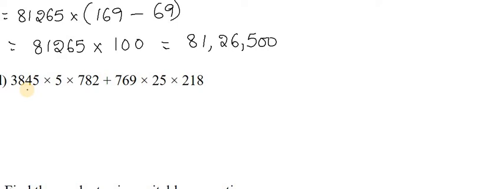So what is the number? 3,845 multiplied by 5 multiplied by 782 plus 769 into 25 into 218. So which number we will take common over here? If I take 5 table common, this multiplication will be as it is.